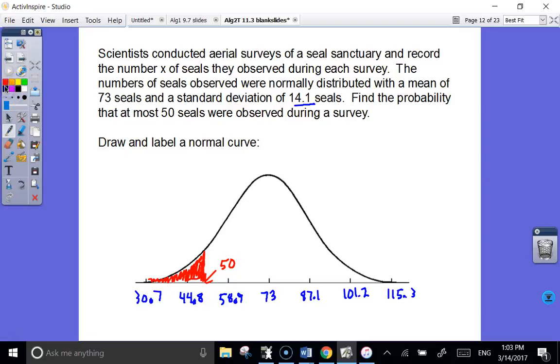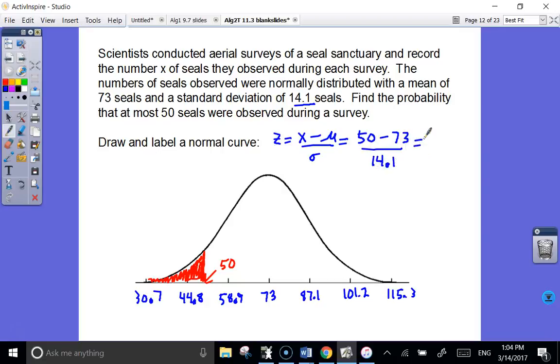First, you calculate the z-score for 50. That's why we did z-scores. Remember, z-score is the data value minus the mean divided by the standard deviation. In this case, the data value is 50. The mean was 73. And the standard deviation was 14.1.